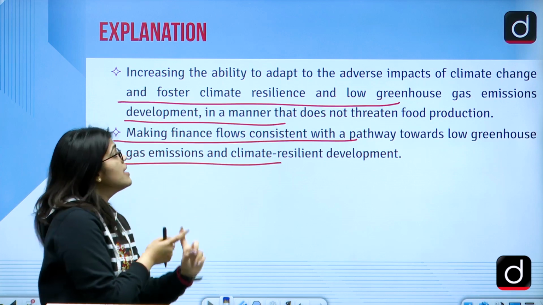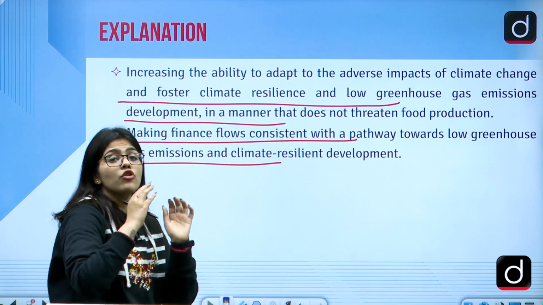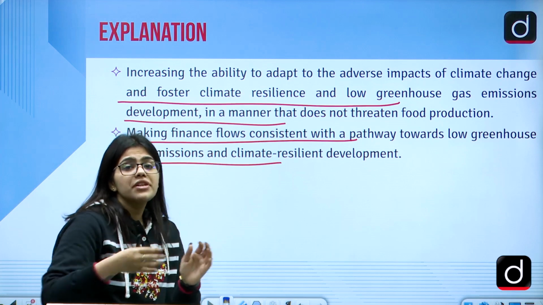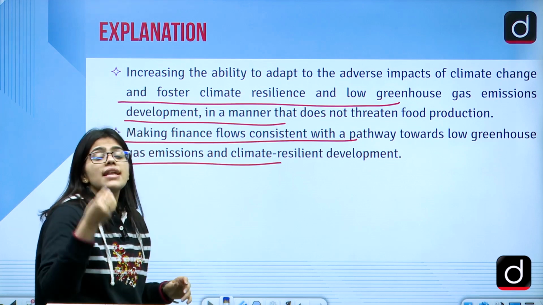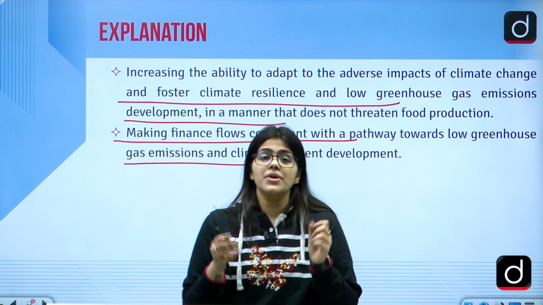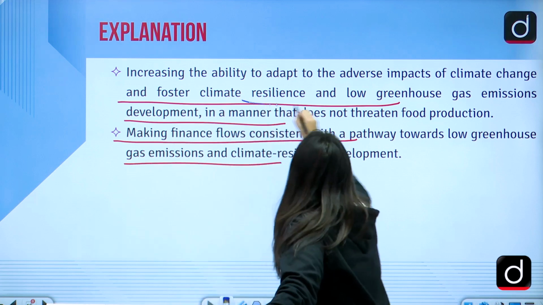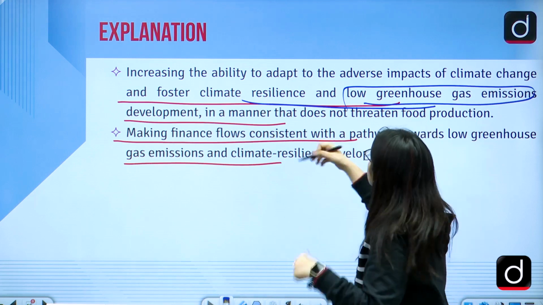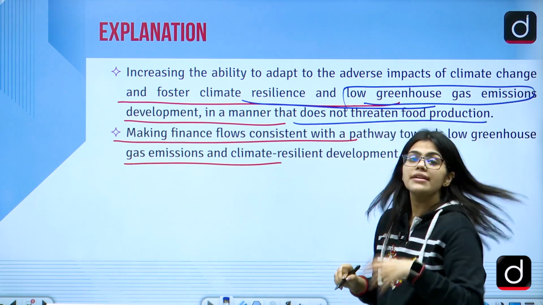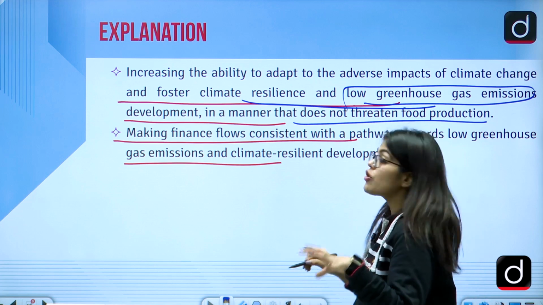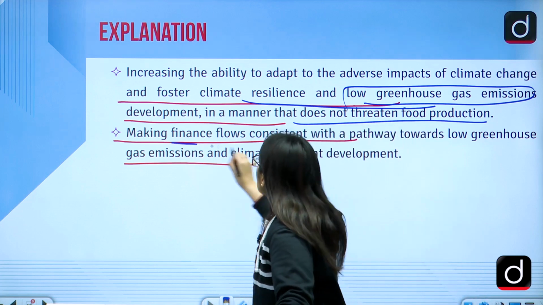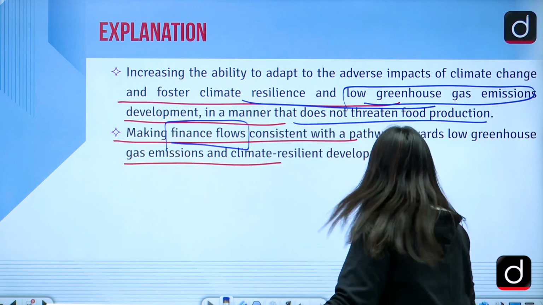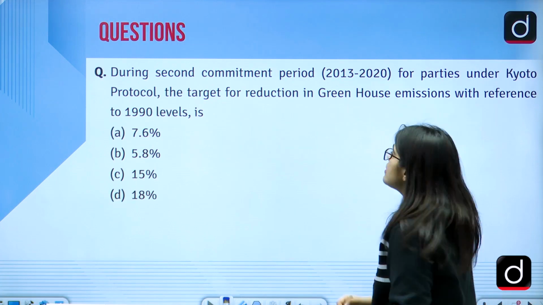They also said that they'll work on low greenhouse gas emissions. They'll have different strategies so that less and less greenhouse gas is emitted into the environment. Then they would also protect food production from being threatened by the high temperature, and a proper finance flow would be there. So these are a few things.